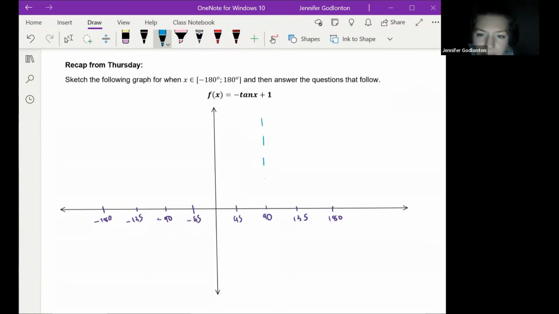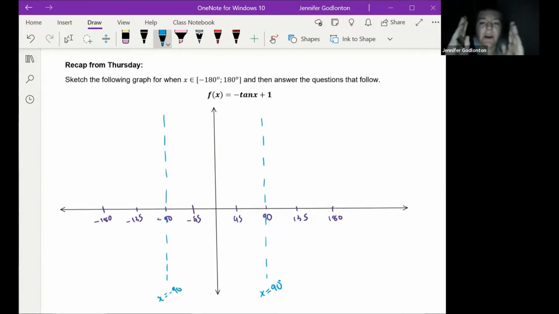So if we can remember that x is equal to 90 is one of our asymptotes, then every 180 degrees after that, we're going to have another asymptote. So I'm going to have another asymptote here, because that distance is 180 degrees. And those are going to be my only two asymptotes, because they told us that the domain is between negative 180 and 180. All right.